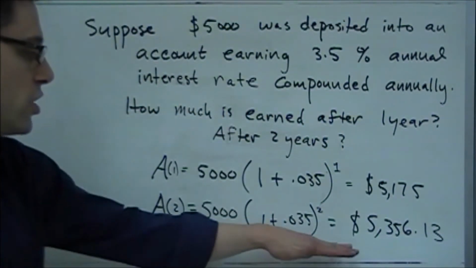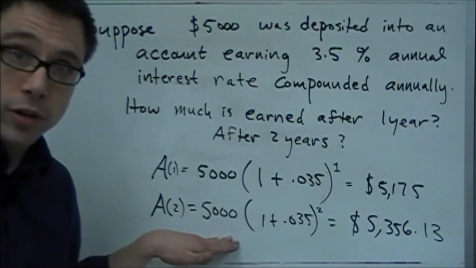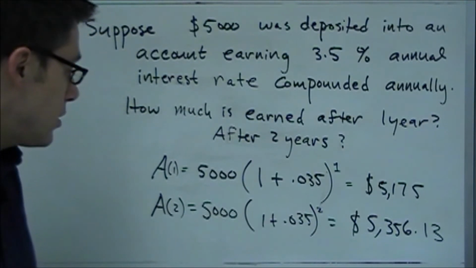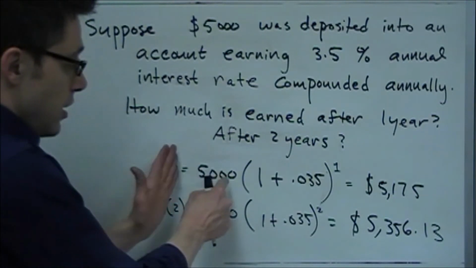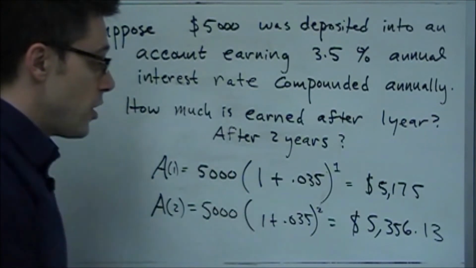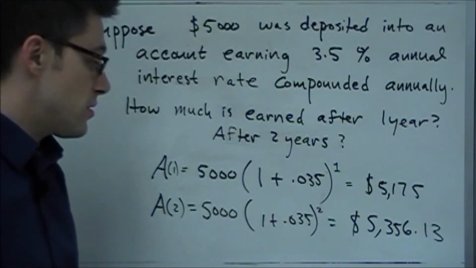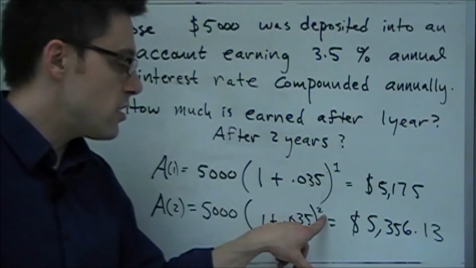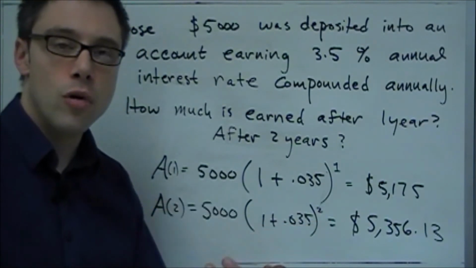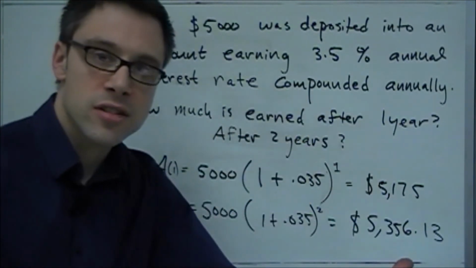So this is more than you would earn if you had simple interest. I'm just using the formula. And notice that the amount here is the principal, which is the amount that we started with, plus some kind of interest on this. In this case we have an extra term because of the squared, and the extra term is the interest earned on the previous step.